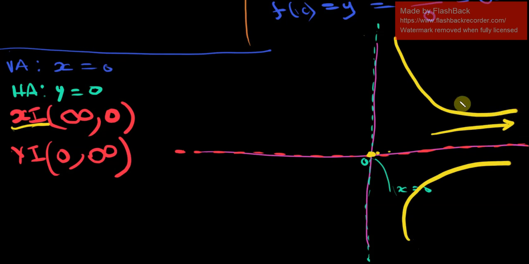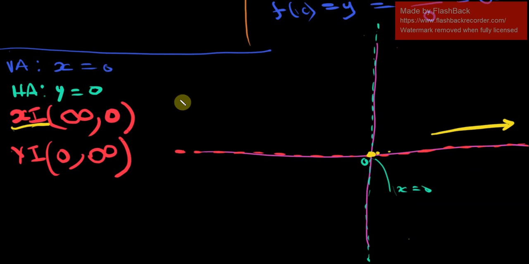But how do I know which quadrant my graph is located in? The x-intercept has told us that the graph is approaching the horizontal x-axis as it approaches infinity.